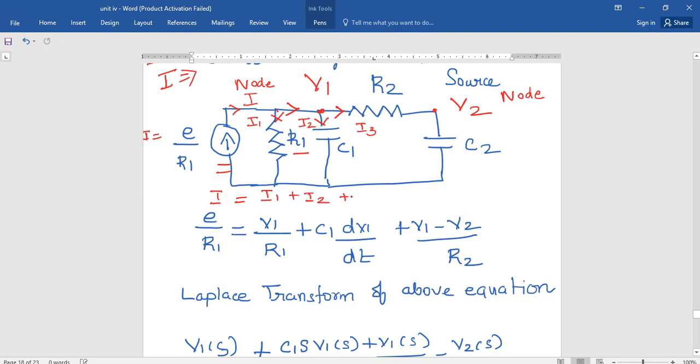We know that Kirchhoff's current law states that the sum of current entering a node is equal to the sum of current moving away from the node. I1 value is determined by E by R1.